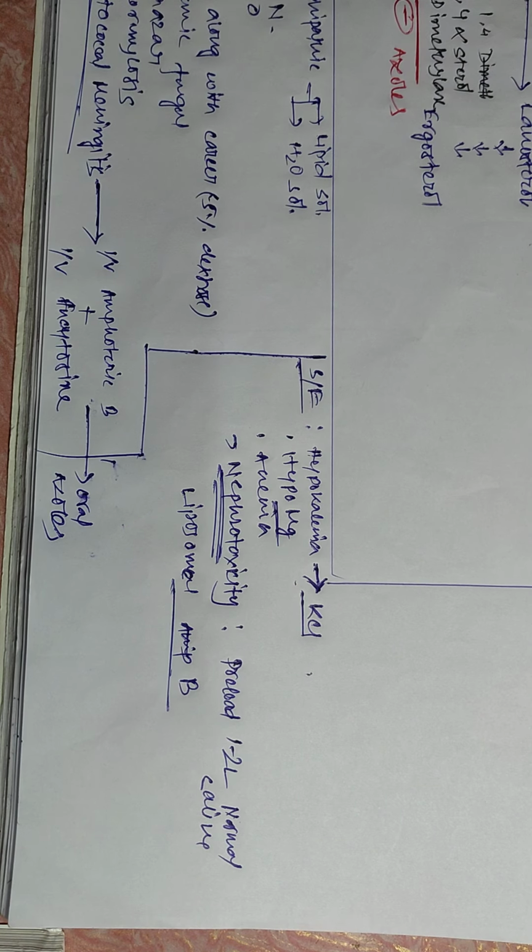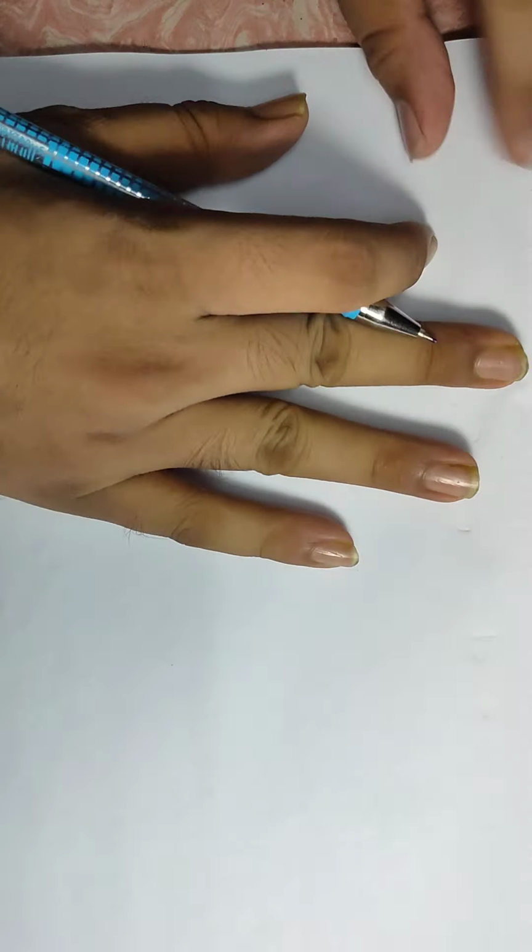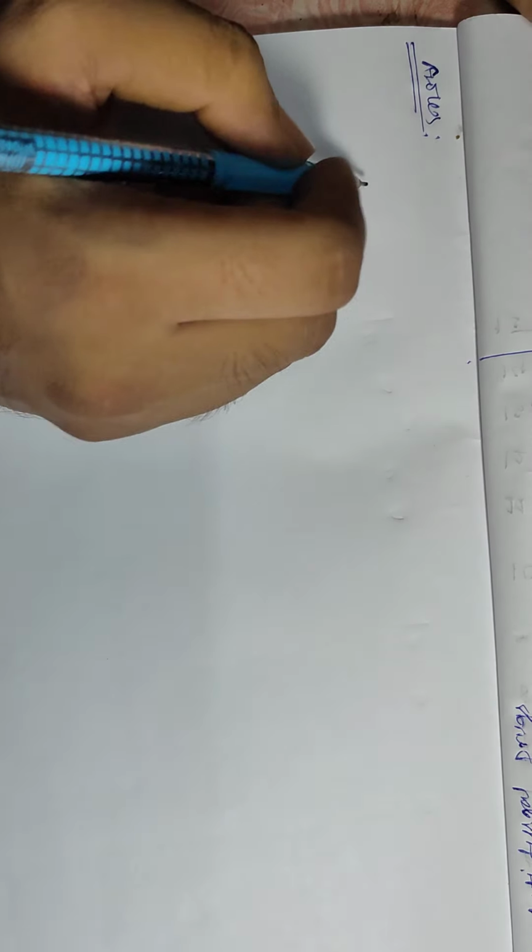So the next group of drugs that we discuss is the azole group of drugs, right? What is its mechanism of action? As I mentioned, it is the blocking of 1,4 alpha sterol demethylase.